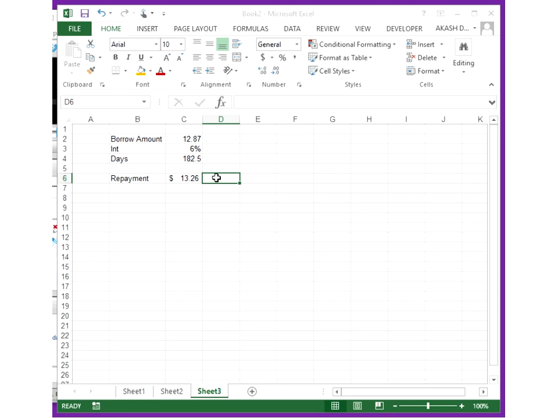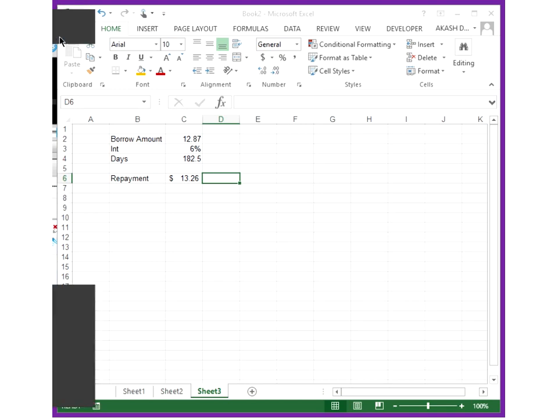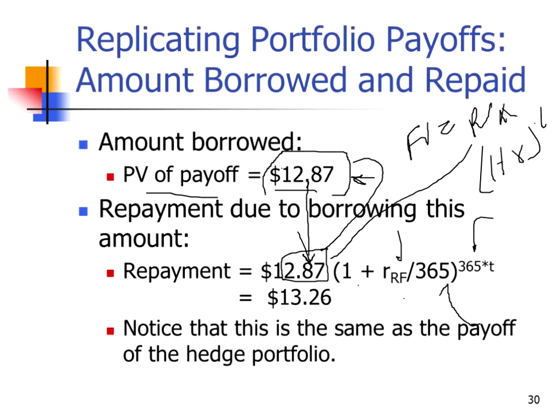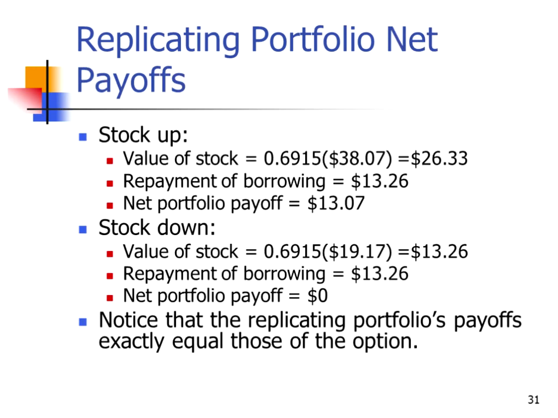In the worst case scenario, if you don't make anything, you'll be at zero basis. But if you make money, you pay off 13.26 and then you keep the extra funds. That's the implication of this. Students online, everyone clear on this?